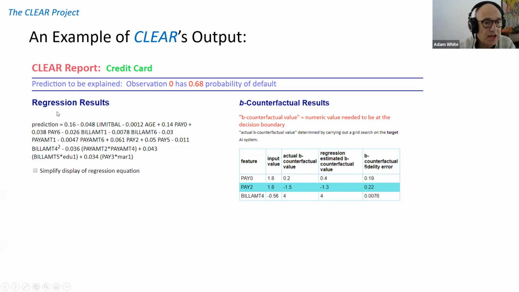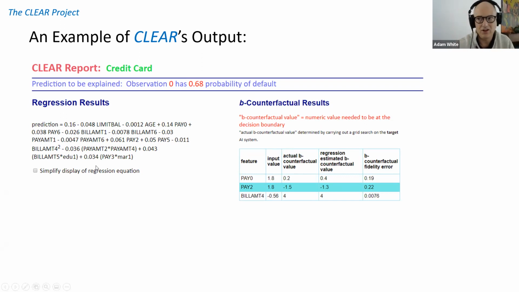And what you have here is the regression equation, and here you have some information on the counterfactuals and on fidelity. So if you look at the regression equation, you can see that Clear allows for quadratic terms, and it also allows for interaction terms. It also gives you a choice between multiple regression and logistic regression.